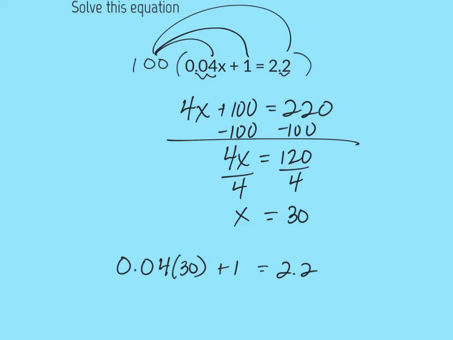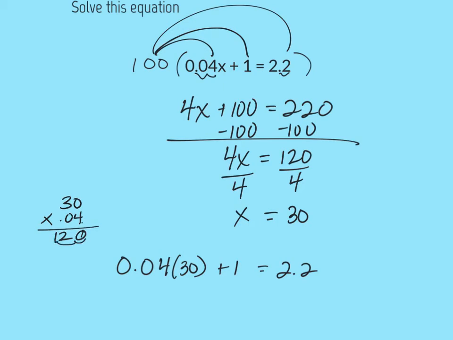So the first thing I'm going to do is multiply 30 times 400ths. I multiply this just as though I'm multiplying 4 times 30. So I would go 4 times the 0, and get 0. 4 times 3 here and get 12. But then I know I have two decimal places, so that means I need to put my decimal point in two places from the right side.